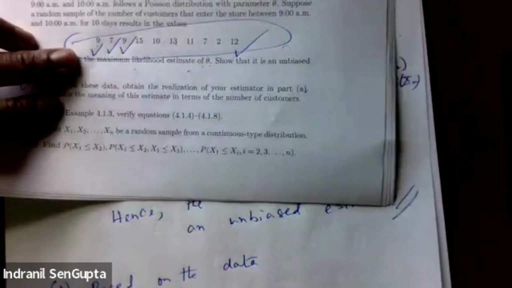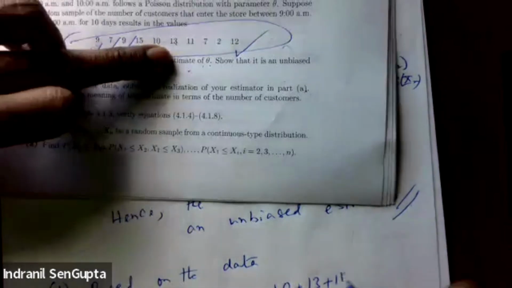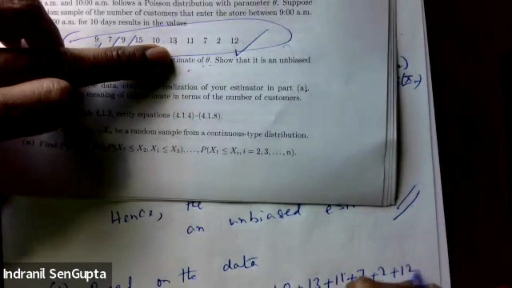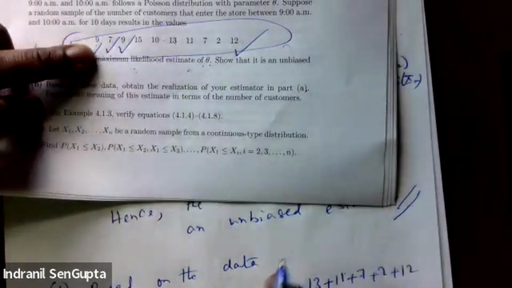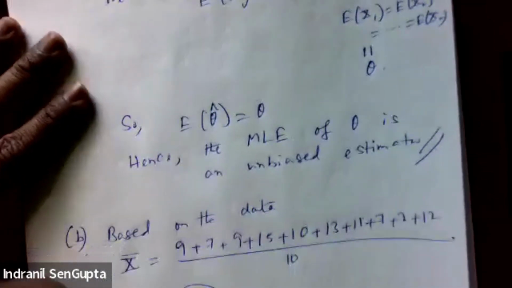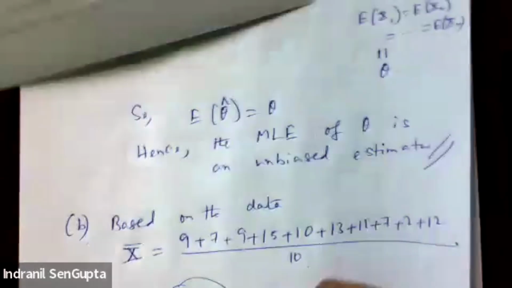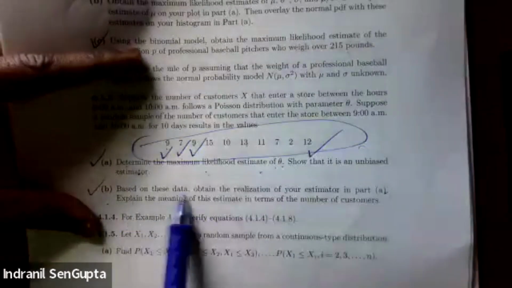So it's 9 plus 7 plus 9 plus 15 plus 10 plus 13 plus 11 plus 7 plus 2 plus 12, over 10. If you compute this, it is 9.5. So this is my theta hat.